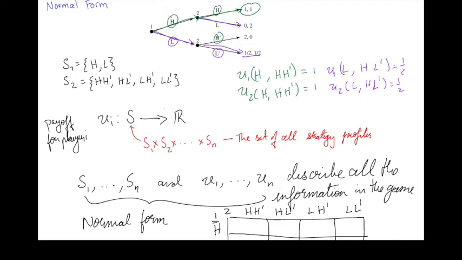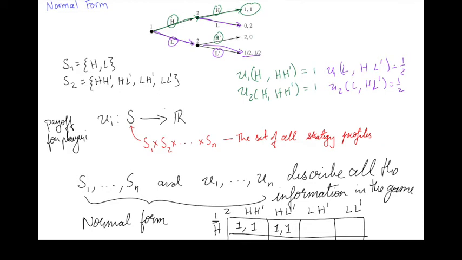So if they play H and H prime, player 1 gets a payoff of 1, player 2 gets a payoff of 1. If they play H and then H L prime, then the payoff is going to be, again, 1 and 1, because we're going to end up here.